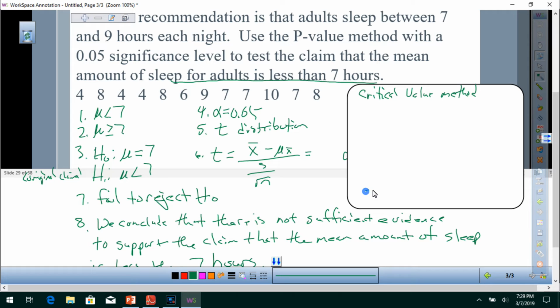So let's draw our thing here. This is for our student t distribution, and over here somewhere is negative 1.796. So we need to find our t value here. So t equals, and what is that?